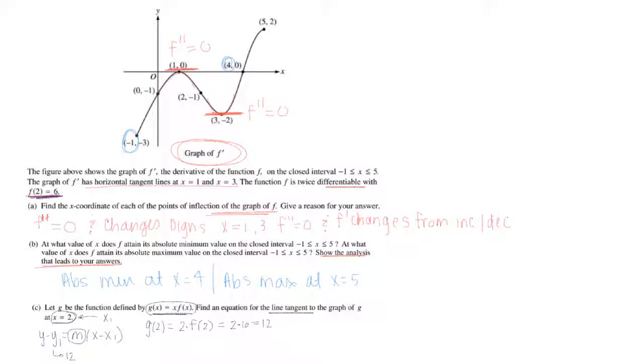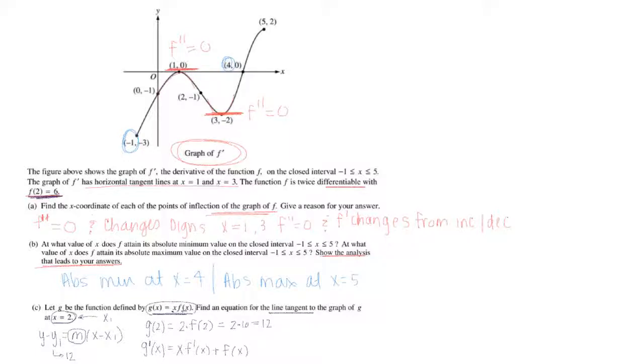Now we need our slope, which means we need a derivative. So we need to look at g prime at x. And this is a product. This is x times f of x. So we need to do our product rule. So we have our first times the derivative of our second plus our second times the derivative of the first.